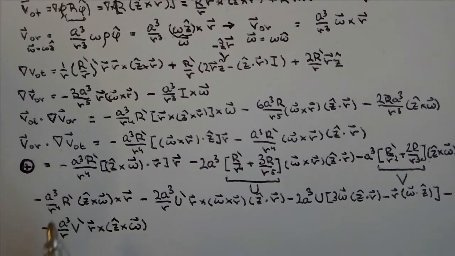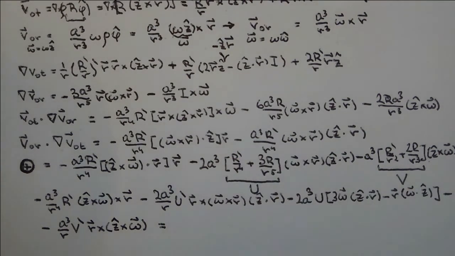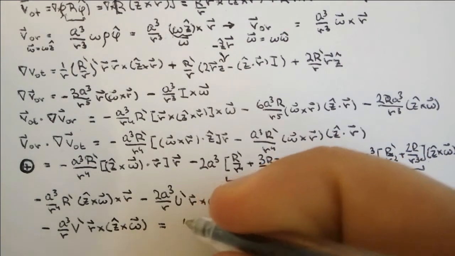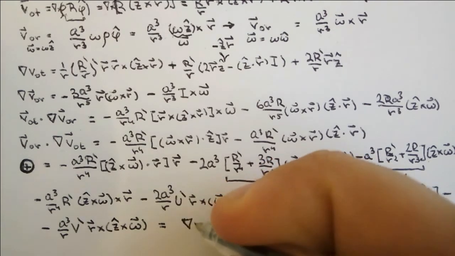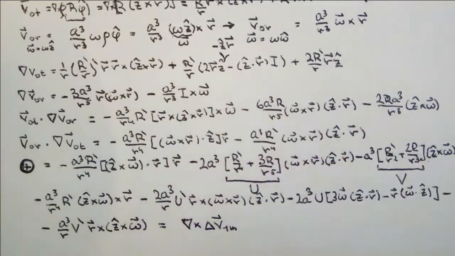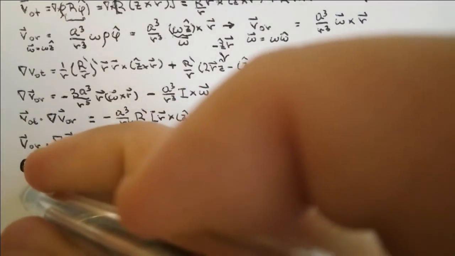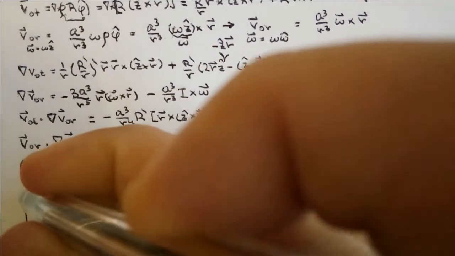So this is the left hand side. These are just functions of r, u and v and r, and this is equal to the curl of the Laplacian of v1m. This is the equation we have to solve now.